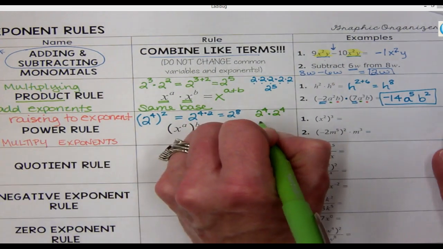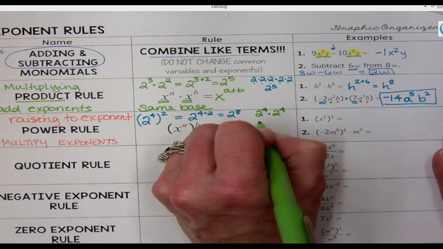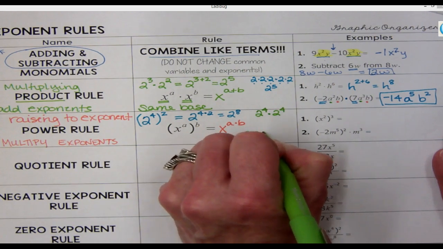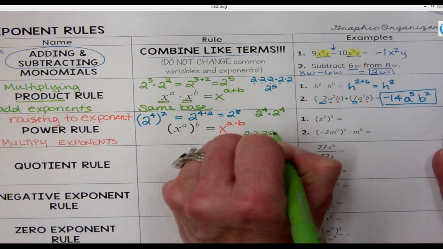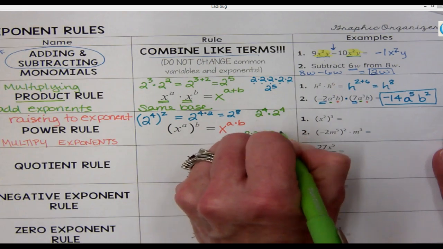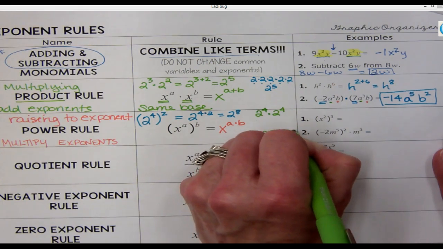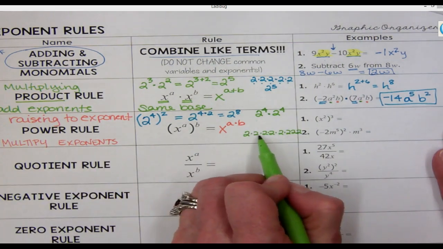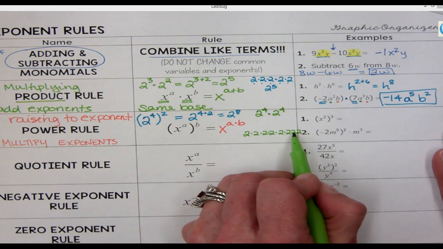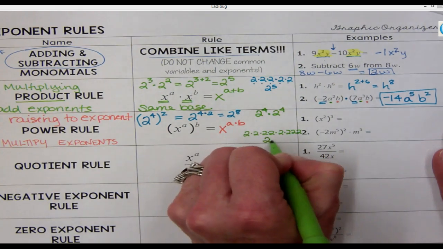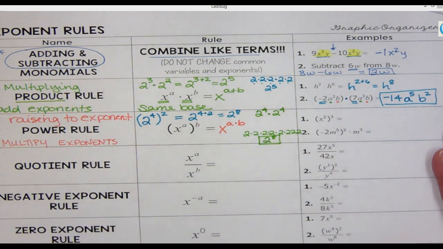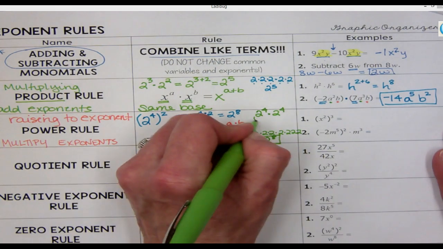I don't know if I'm going to be able to fit all these little 2's in here. I'm going to come down here. 2 4 times, 2 4 times again. And when I look at all that, 1, 2, 3, 4, 5, 6, 7, 8, I'm multiplying 2 by itself 8 times. That's how you get that answer.